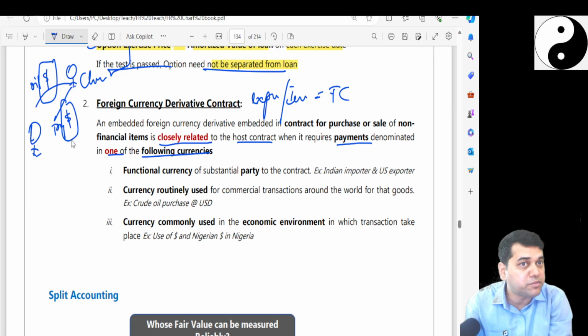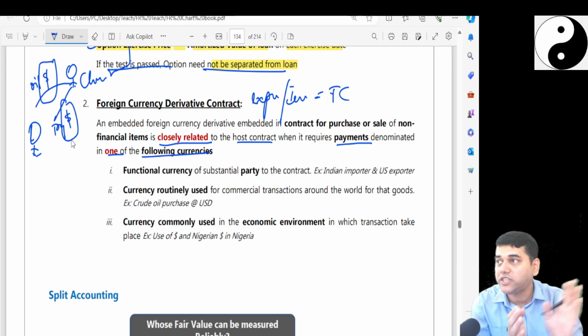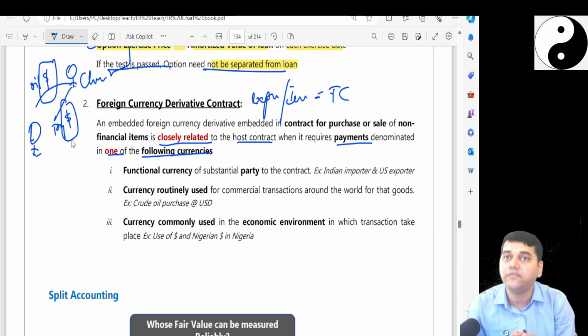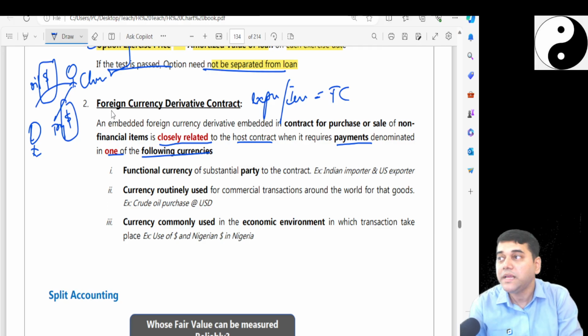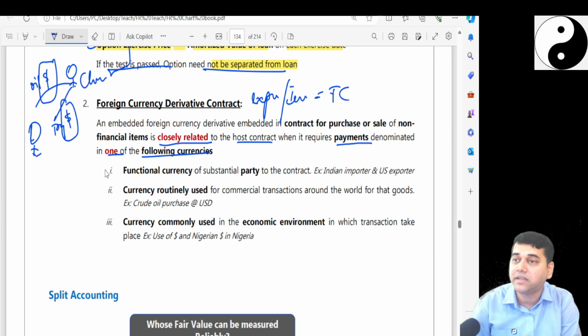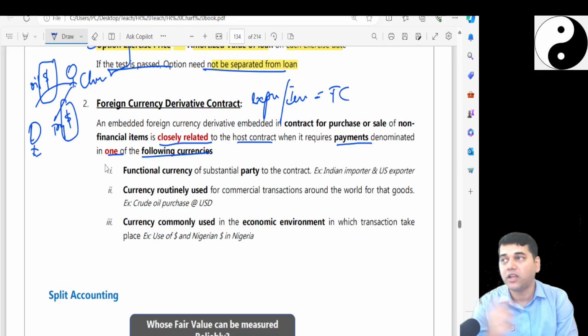You didn't make any investment right now, and the value of the contract is going to change as per the underlying. Which is the underlying? Exchange rate is the underlying. Now the question comes, should I separate it? Should I remove that and account for dollar separately, toy purchase separately, or oil separately? For this, the third test I need to apply is called the economic test.